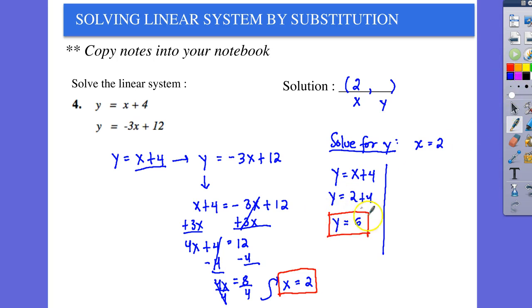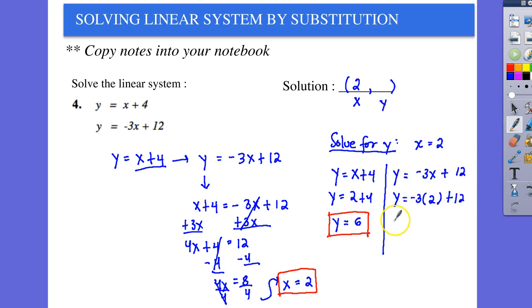We will check our answer by plugging in x equals 2 to the second equation. If we get the same value for y, that means our answer is correct. So let's do it. y equals negative 3x plus 12. y equals negative 3 times x, and x is 2, and then plus 12.